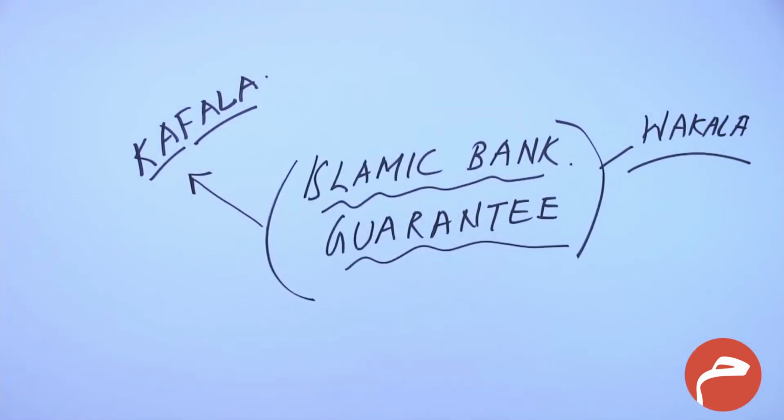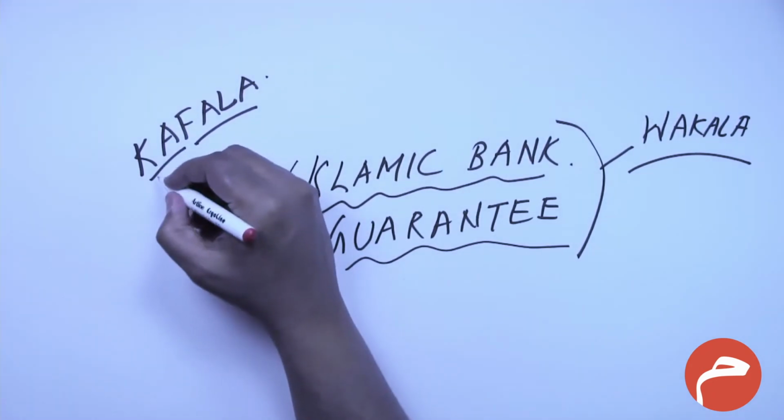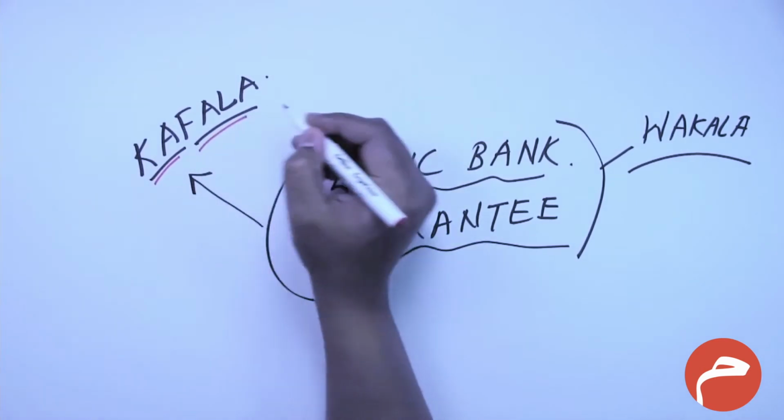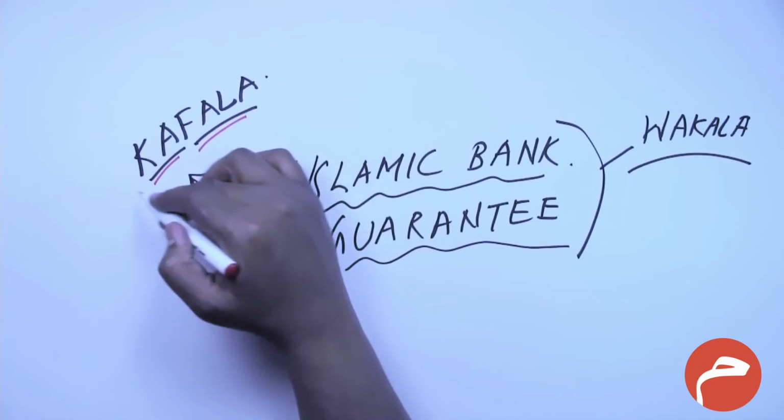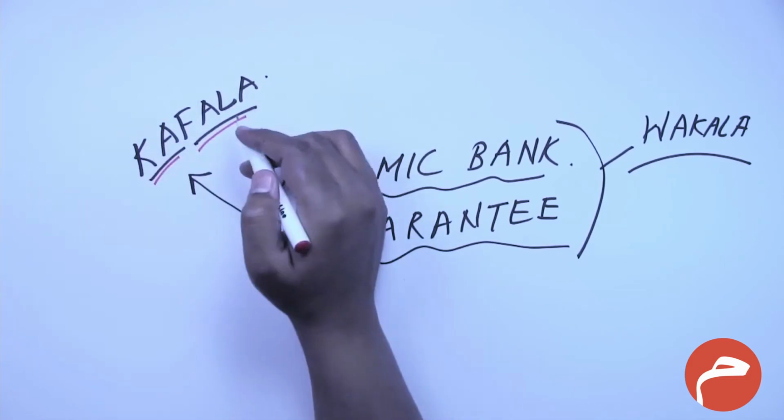So what it means is that the bank is already in possession of that money which the bank has to pay in case the importer fails to pay. Such a structure of guarantee is called the Wakala structure.